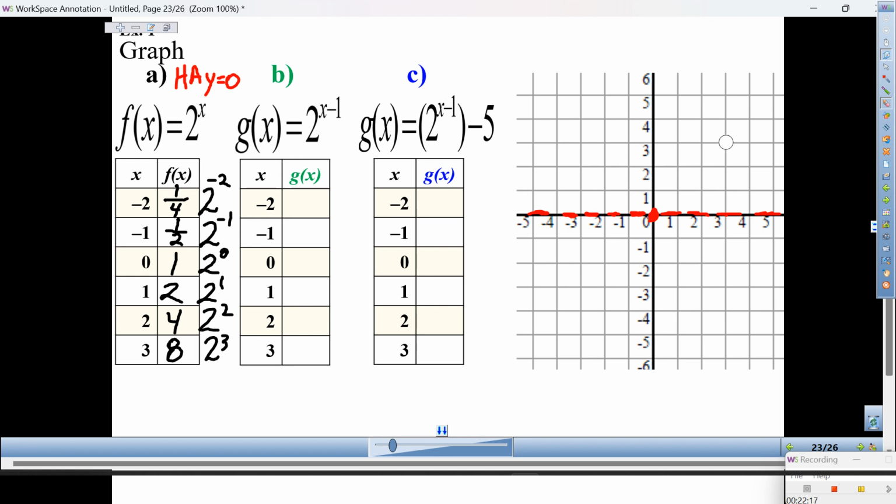And that was number 4 on the warm-up. So let's plot our points. Here we go. -2, 1/4. -1, 1/2. 0, 1. 1, 2. 2, 4. 3, 8. And that 8, I'm going to make it an arrow.